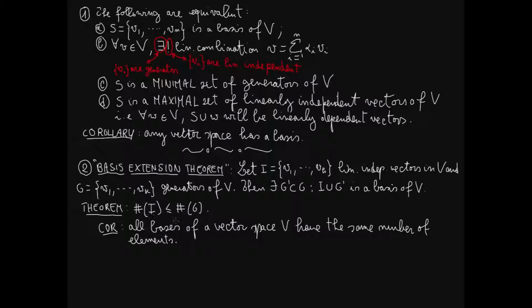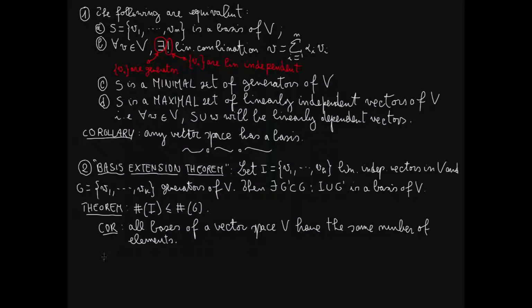But this is because I can consider two bases independently as a set of linearly independent vectors and generators at the same time. So if I consider two bases B1 and B2, first B1 as linearly independent vectors and B2 as generators, and then B1 as generators and B2 as linearly independent vectors, we will see that at each step we will have an inequality that goes in a different direction. Therefore, the equality must hold.